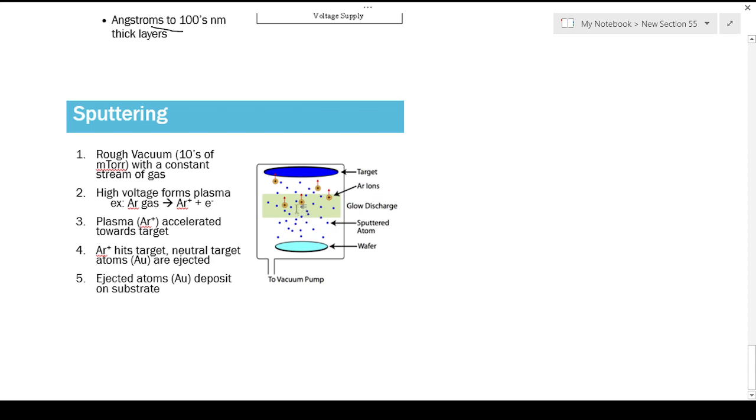So when you introduce argon gas into the vacuum chamber and then apply high voltage, the argon will be ionized, and by applying the voltage it will come to the wafer and eject the gold particles, or any material that is placed on the substrate material.